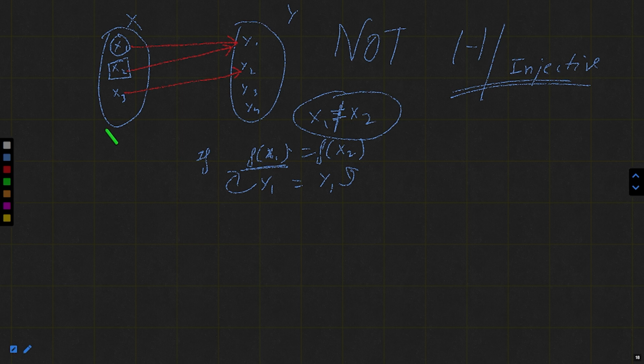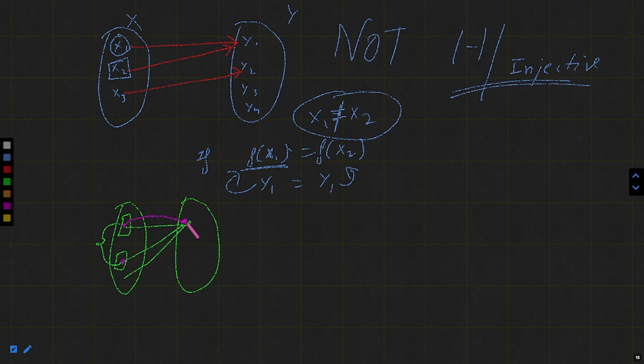So you can see that an injective function cannot have such a representation. Why? Because here this x element and this x element are associated to the same element, but both are different. In an injective function, for the input we give, there is only one output associated to it.